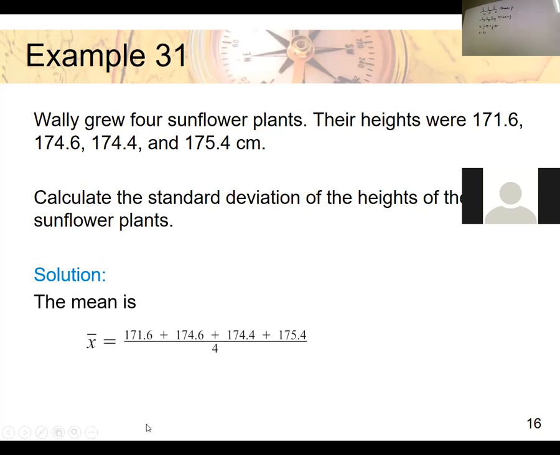That means we need to add those 4 data values and divide by 4. And that would give you 174 centimeters. So the first thing you have to do there is calculate the mean of that data set, or the average.